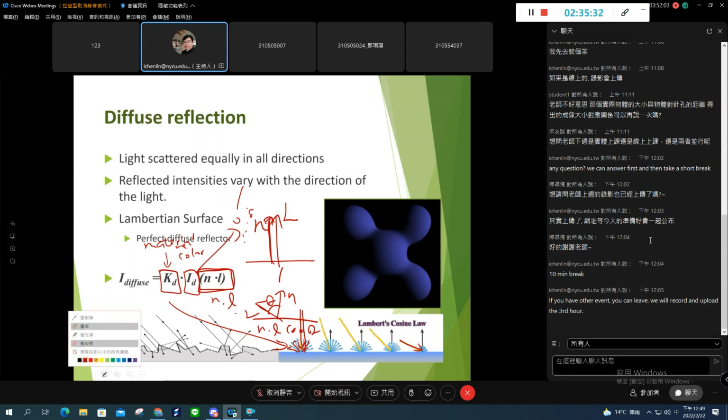So why is it the most important feature of reflection for computer vision? That is because, let me draw a figure here. If your light source is here, you can see that the surface normal is in this direction, nearly parallel to the light source, so it will be bright.